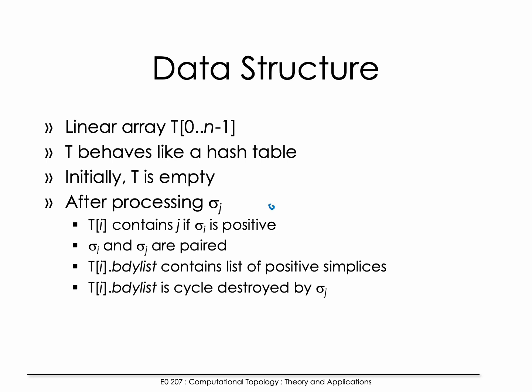So let's assume that we have found the pair. When you insert sigma sub j, you know that it is paired with sigma sub i. Then T sub i, the ith entry, will contain j. So T sub i will contain j.